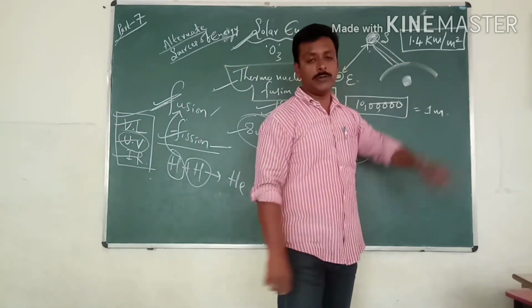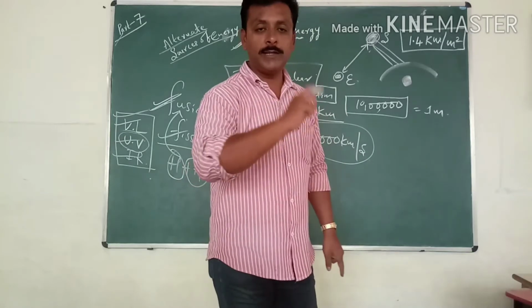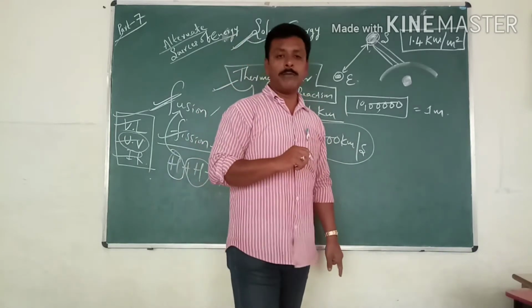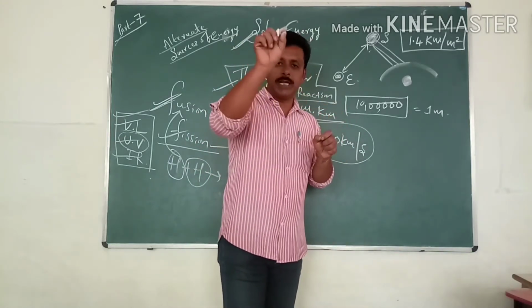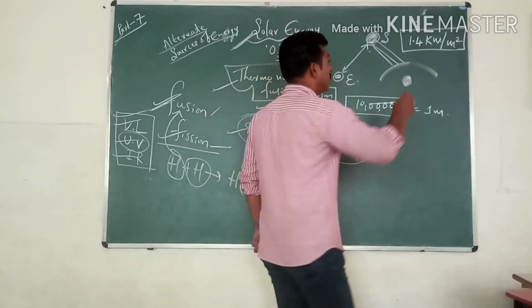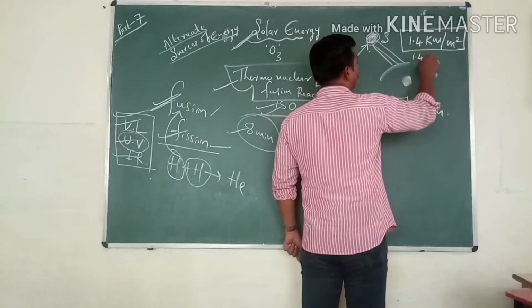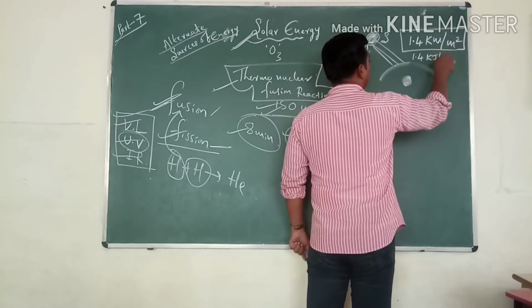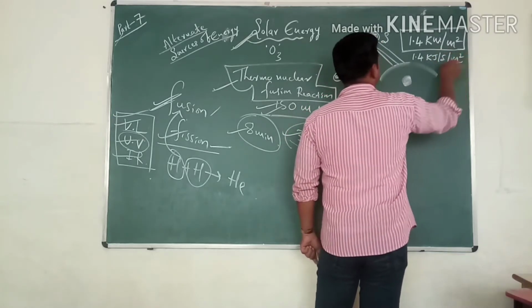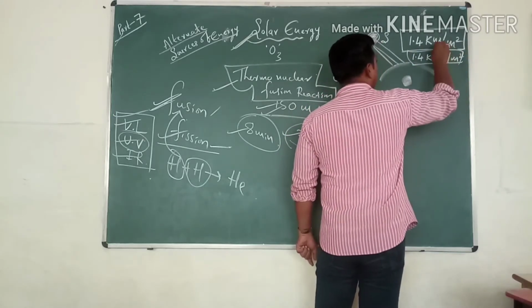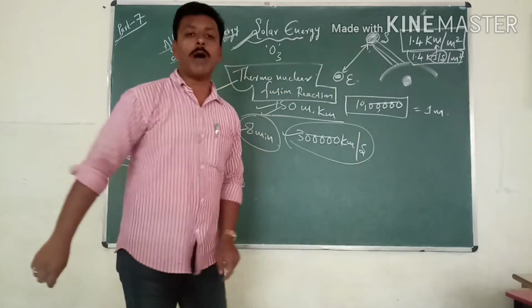As you already studied in 9th standard, watt is nothing but power. Power, W, is equal to J by S. So you can say this as 1.4 kilojoule per second per meter square. Joule per second is what we call a watt.